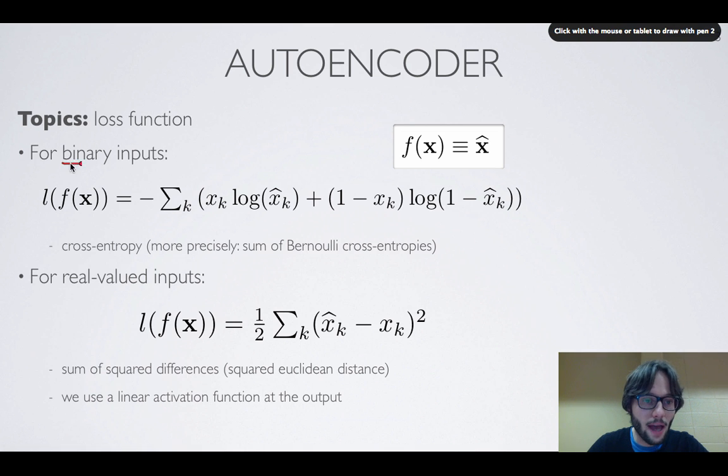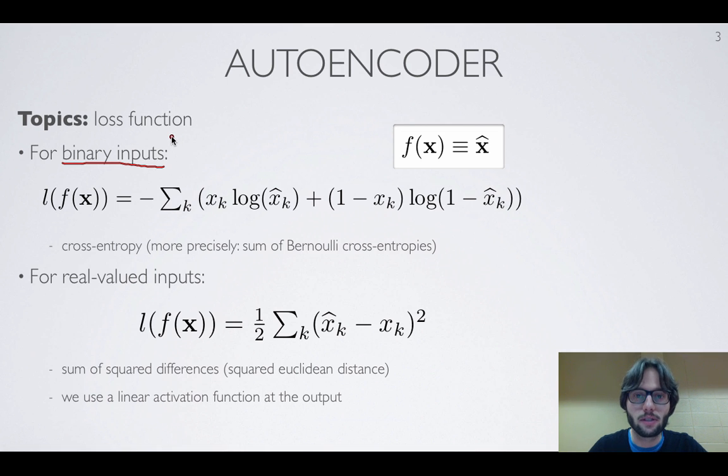So imagine we have binary inputs. That is, the input vectors x contain elements that are either 0 or 1. The most popular loss function is this loss function here. It's often referred to as the cross entropy. I'll mention in a minute why we call it the cross entropy.